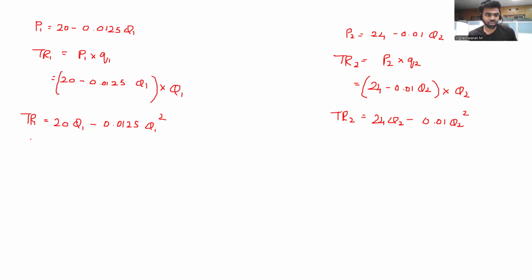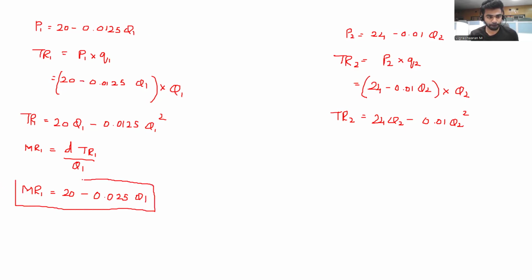With the total revenue, we can find the marginal revenue, right? MR1 is equal to differentiation of total revenue 1 with respect to quantity 1. So MR1 is equal to 20 minus 0.025 Q1. This will be the value for MR1.